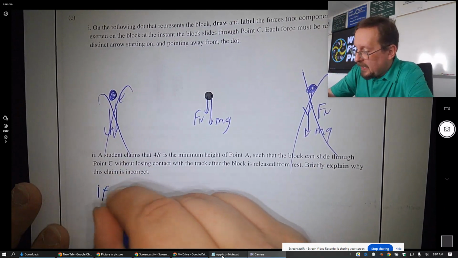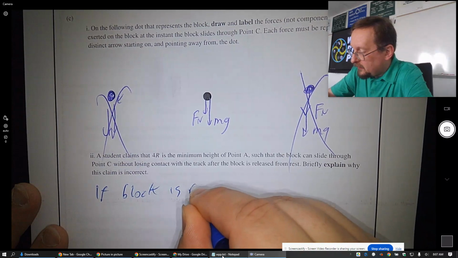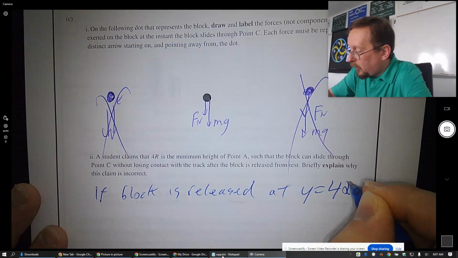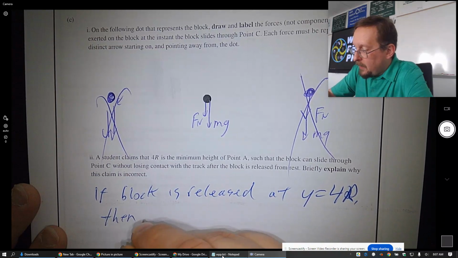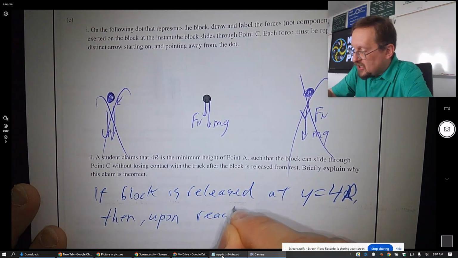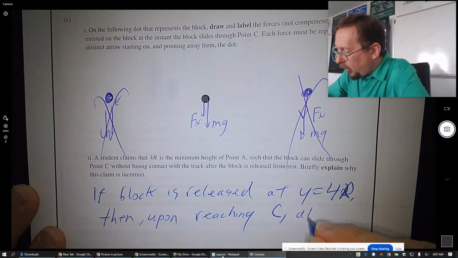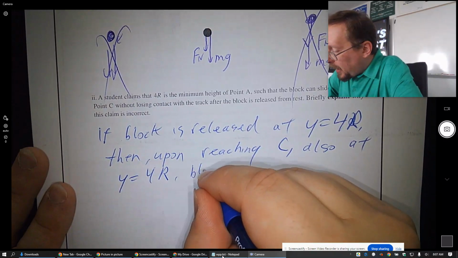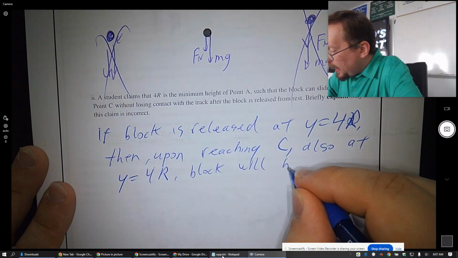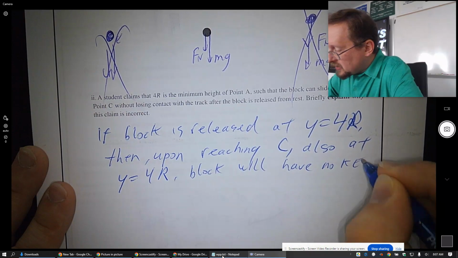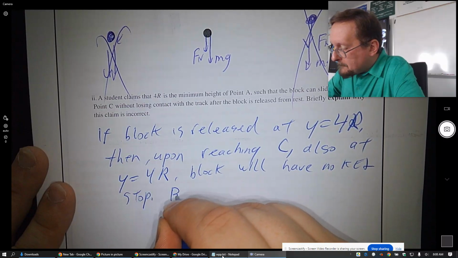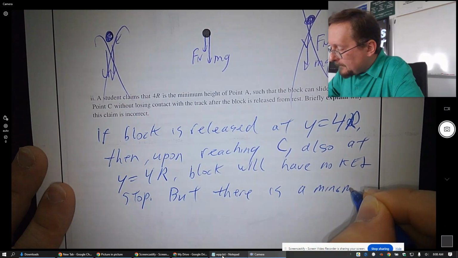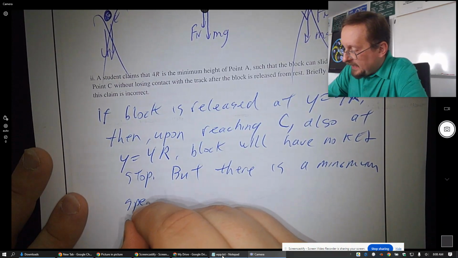The reason why is if the block is released at height equals 4R, then upon reaching point C, also at height equals 4R, the block will have no kinetic energy and stop. But there is a minimum speed.